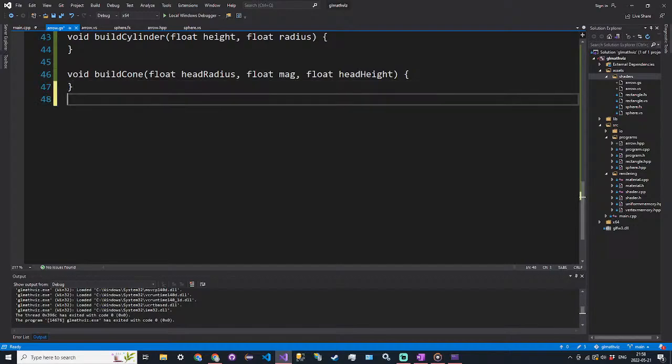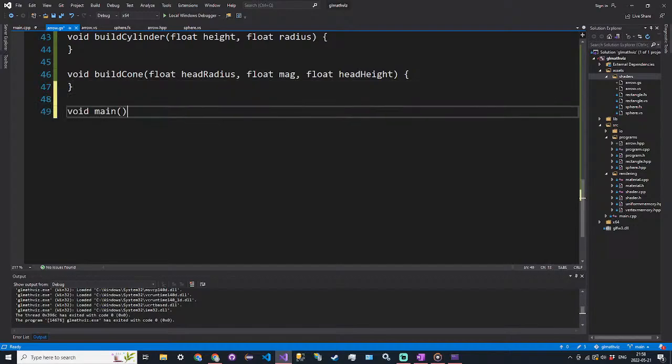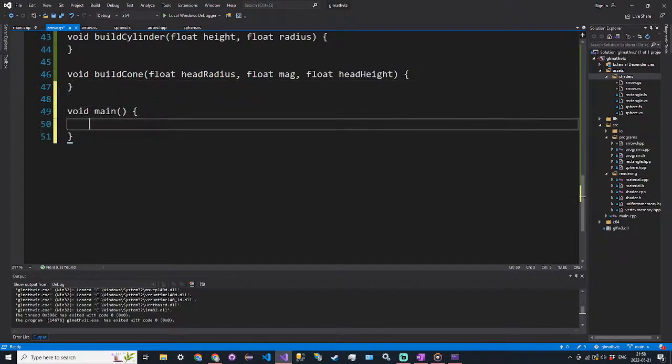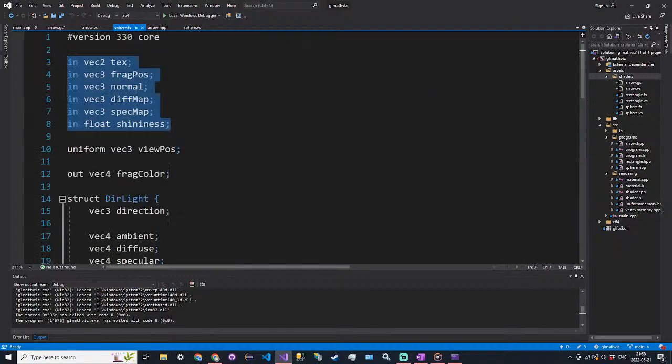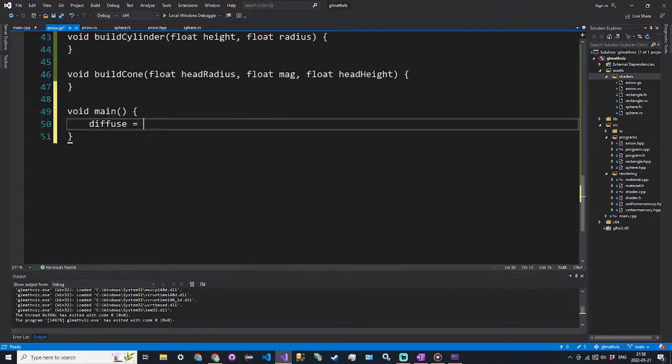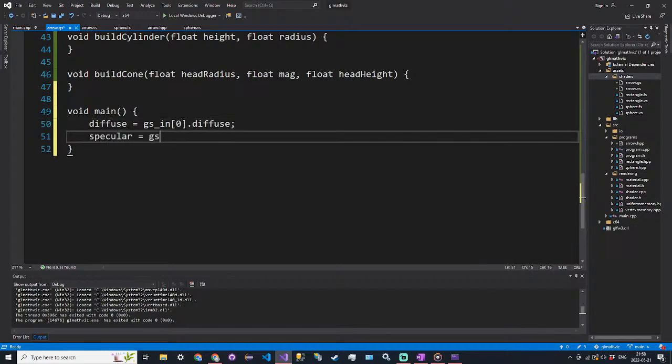And then for main, we're going to send some data to the fragment shader. So diffuse is equal to, I think the sphere's fragment shader wants everything in a vec3, so diffuse is equal to gs in at 0 dot diffuse. Specular is equal to gs in at 0 dot specular.